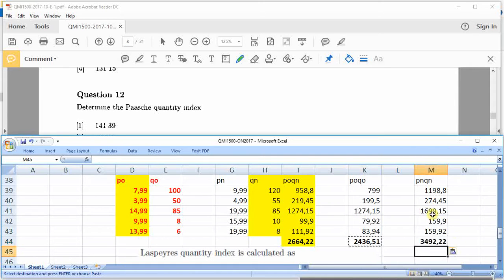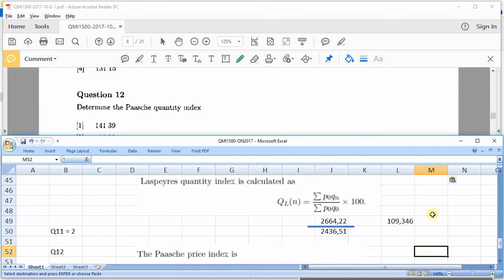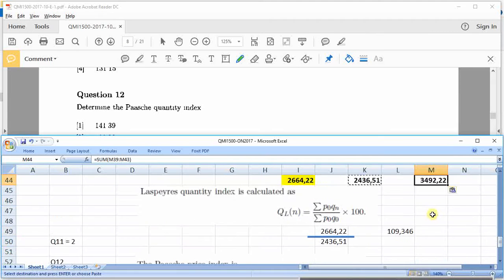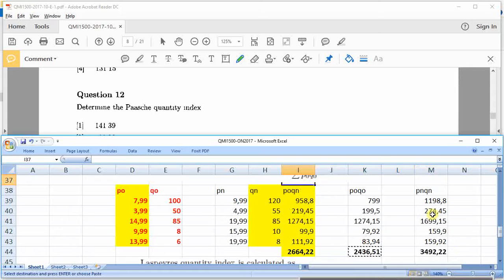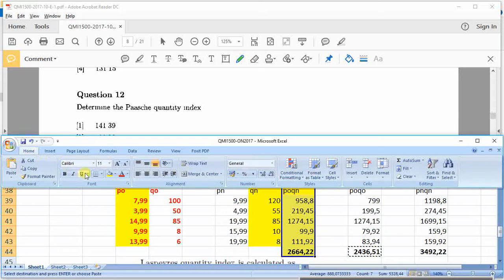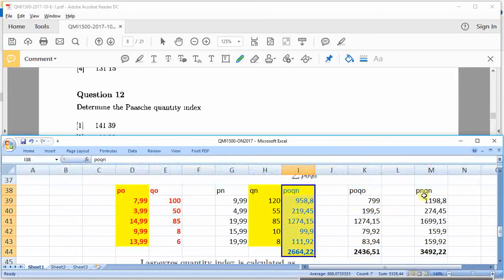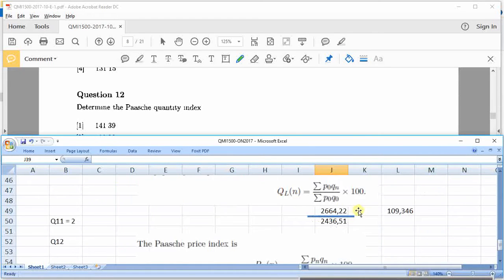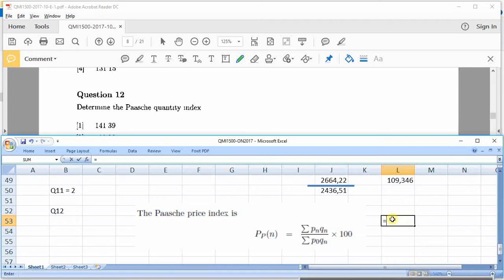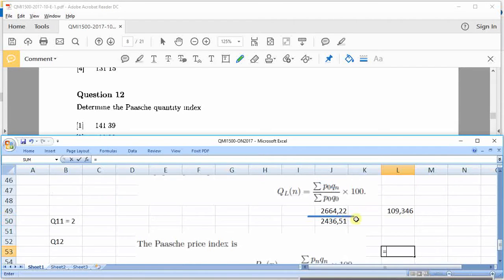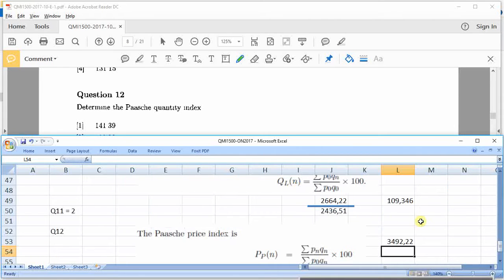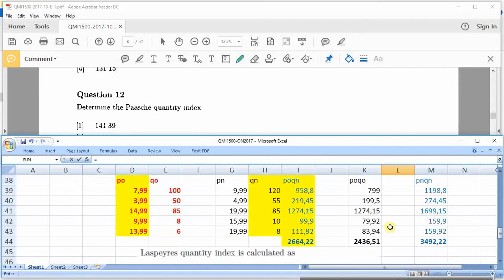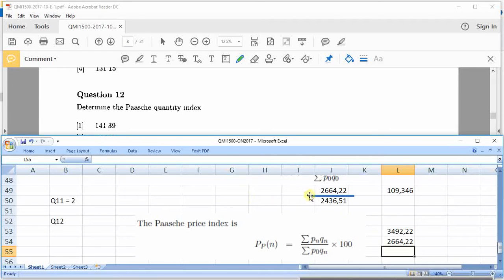Put in the sum. Okay, what else do they want? Paasche, where's Paasche? P0 times Qn. Do we have P0 times Qn? Yes we do. There it is. Okay, so we've got those two. So this is going to be needed with that. Alright, so to get Paasche, it's going to be equal to the sum of Pn Qn over the sum of P0 Qn, times 100.